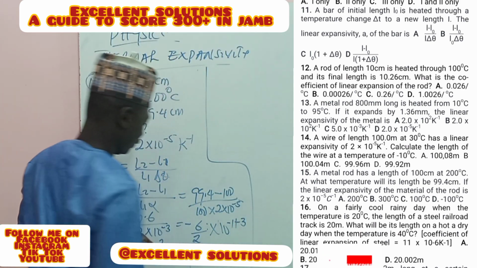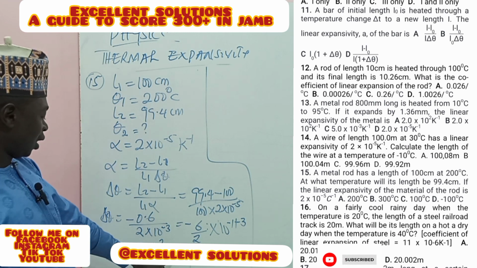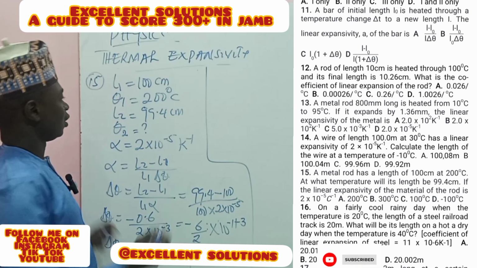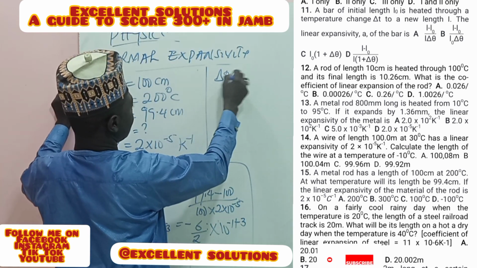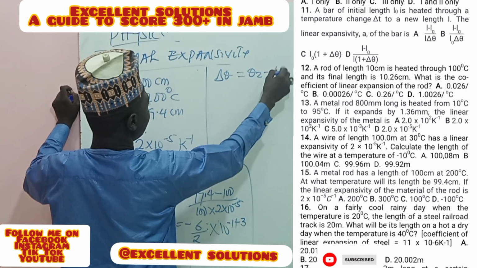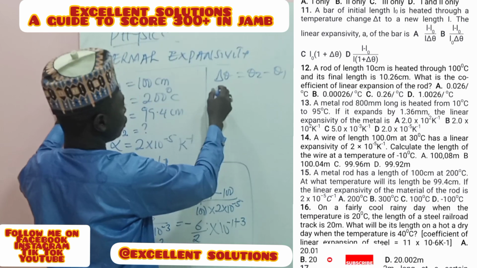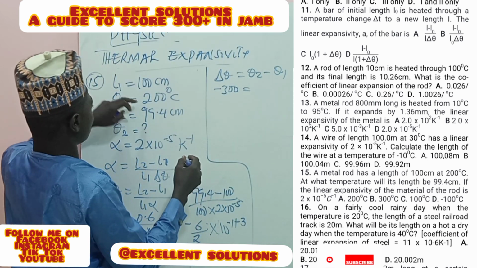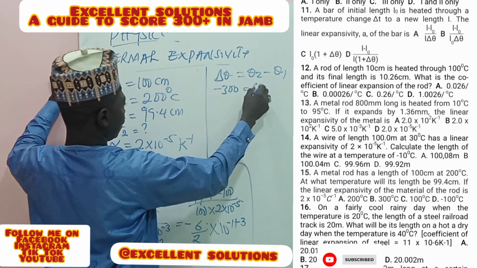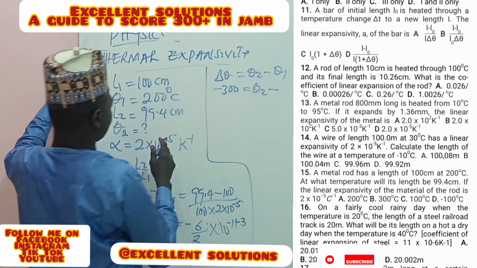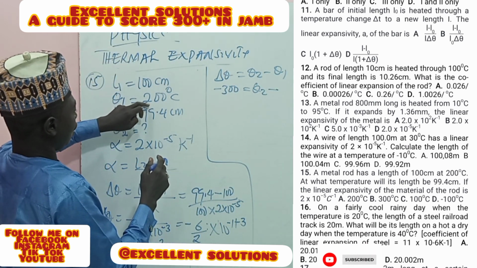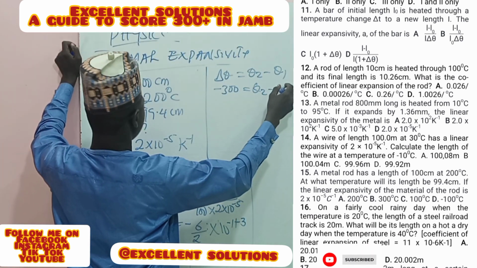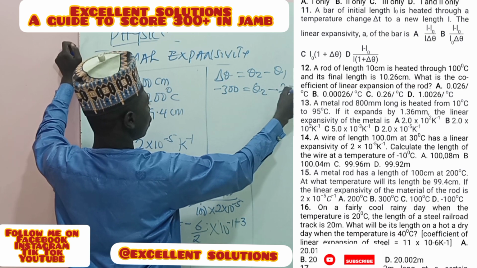So if delta theta equals minus 300, we know delta theta equals theta 2 minus theta 1. So minus 300 is equal to theta 2 minus our theta 1, which is 200.